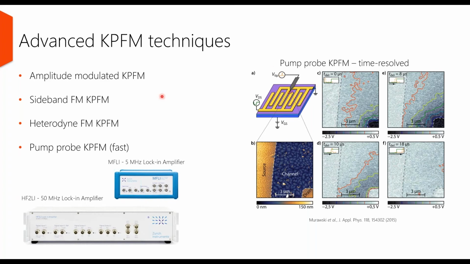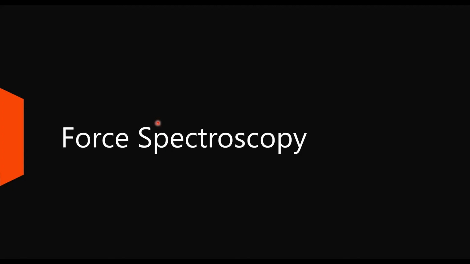And except for amplitude modulated KPFM, we can do all these with some add-ons. We could use some lock-ins from Zurich Instruments to look at some of these other types of KPFM signals, if that's something that you would be interested in.